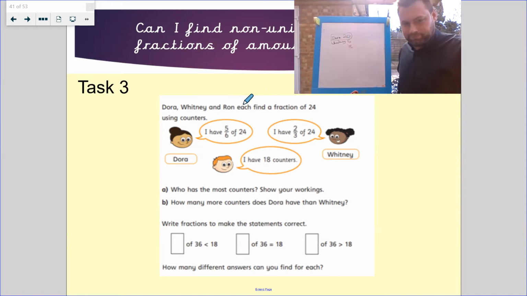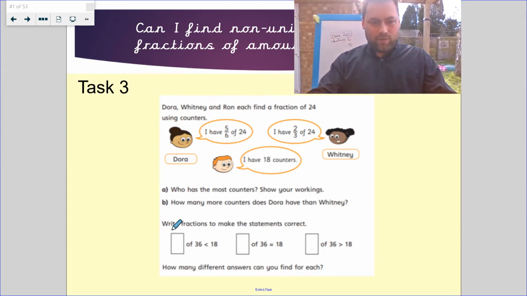And then what fractions make the statements correct below? We've got to find a fraction of 36 that is less than 18. If you put 1/6 of 36 is less than 18, you'll get that correct because 1/6 of 36 is equal to 6. So you may have different answers, so I'm just going to put in the answers that I would have had.